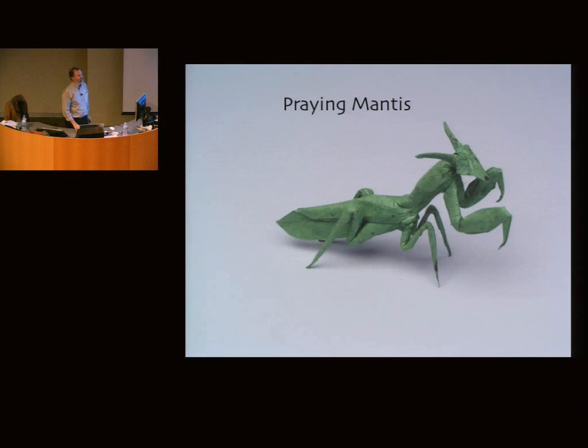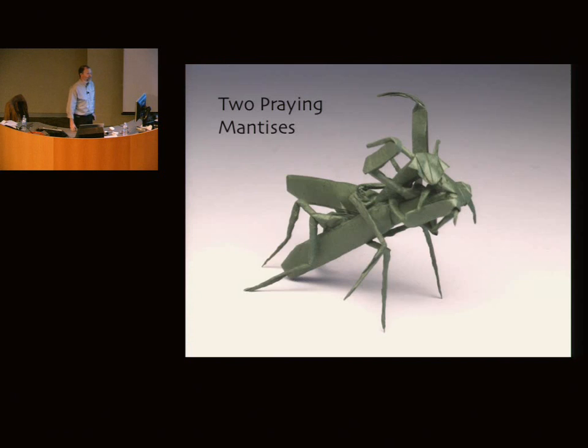And you'd go in different directions. Say, let's do something that has long, skinny legs, like a praying mantis. 6 legs, they're really long and skinny, plus the head and the antenna. How are you going to top a praying mantis from a single uncut square? There's really only one way to do that. 2 praying mantises from a single uncut square. And I call this one snack time because she is just about to start nibbling on him.